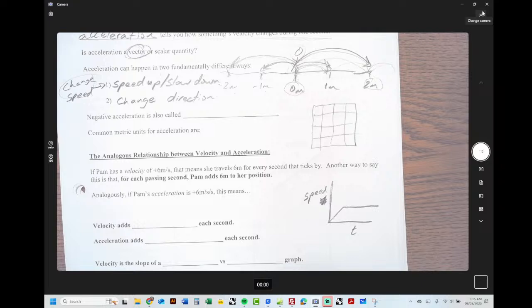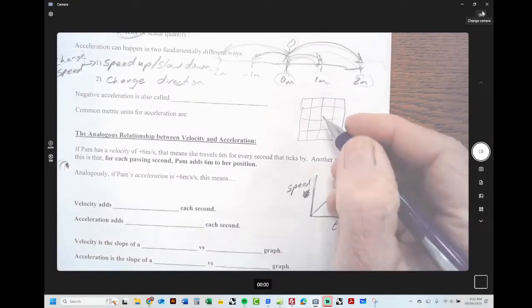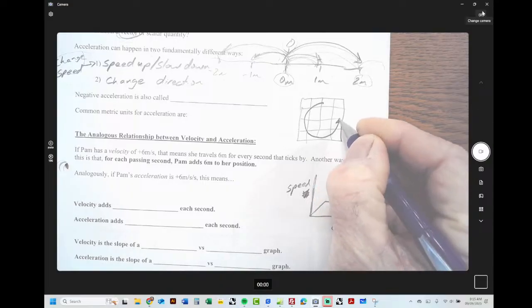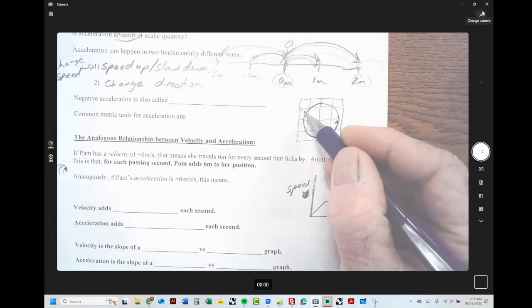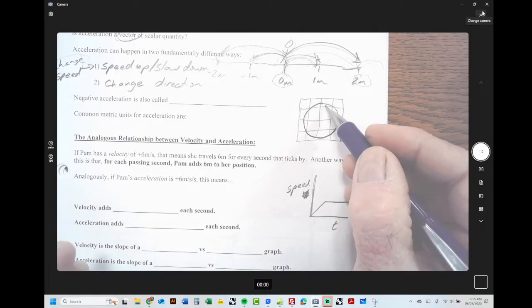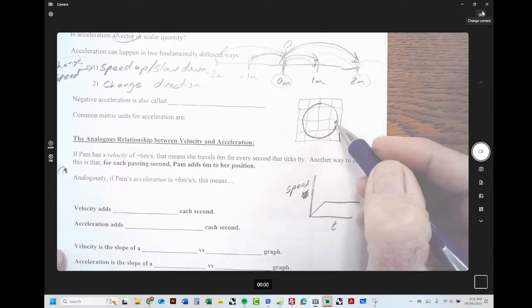So am I speeding up or slowing down? No, I'm trying not to. I probably am a little bit. But I'm going at pretty much a constant rate, but I'm definitely changing direction, and therefore I'm accelerating. So what I did was go around and around in a circle like this. If you're driving a car around a track and your speed never changes, your speedometer might be stuck on 60 miles per hour, but your velocity is definitely changing.